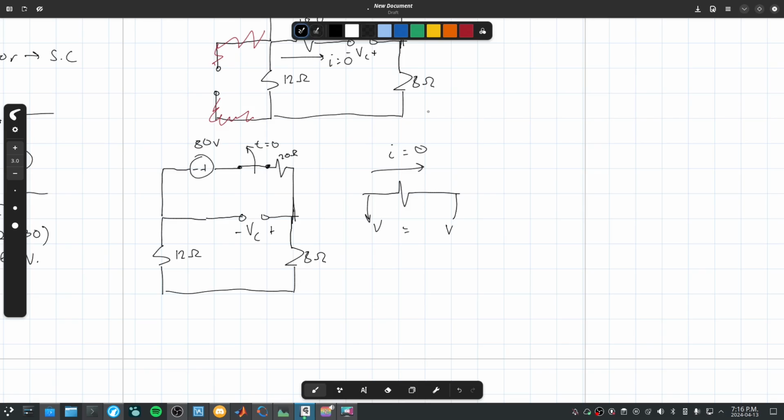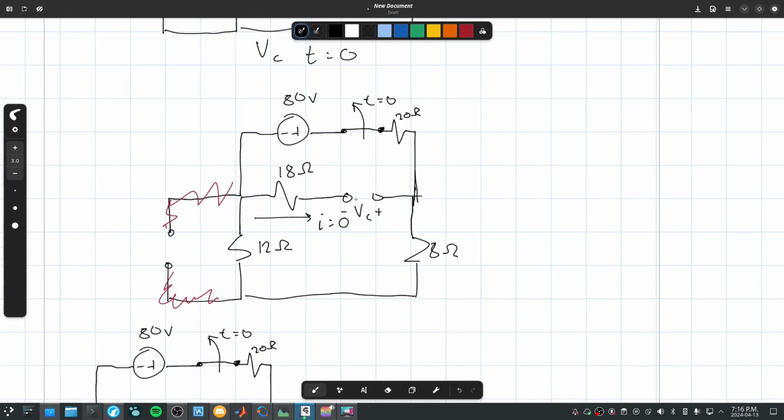That's just a rule with resistors. Sorry, a resistor with 0 current. There's no voltage drop across it. How do we know there's no current? Because it's an open circuit. Because capacitors become open circuits, right? So there's no way for the current to get across.